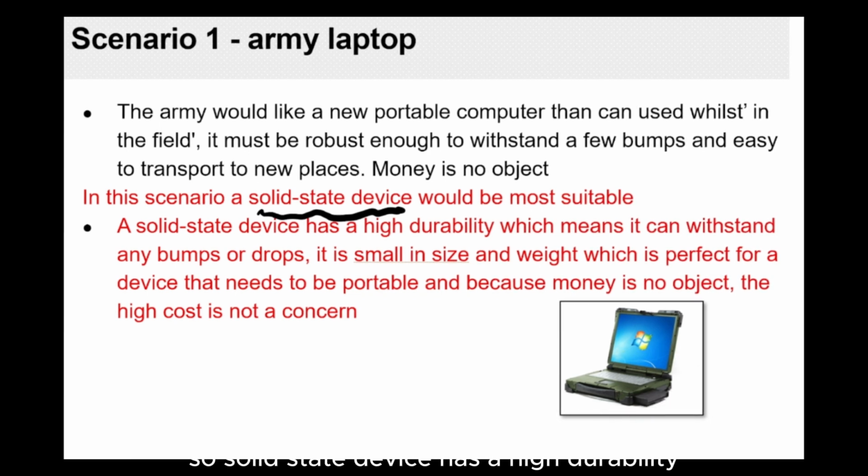A solid state device has high durability, which means it can withstand any bumps or drops. It is small in size and weight, which is perfect for a device that needs to be portable. Because money is no object, a high cost is not a concern in this scenario.